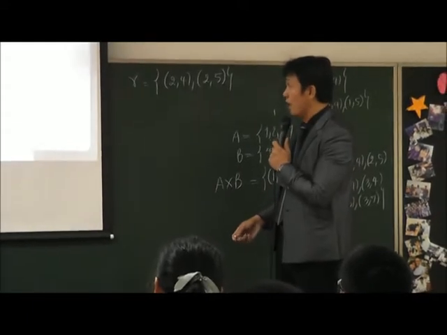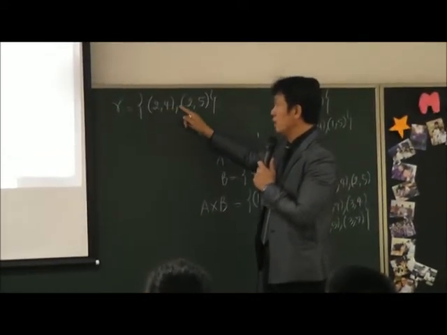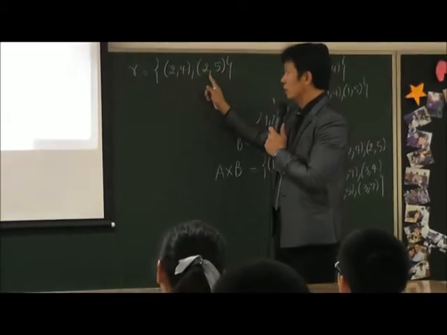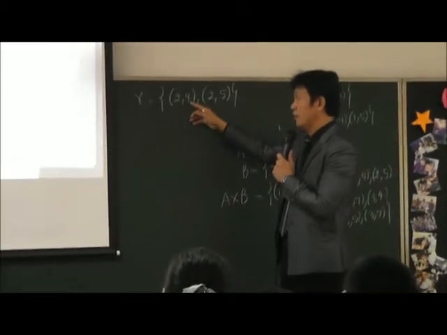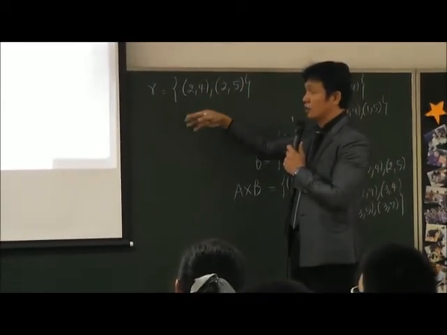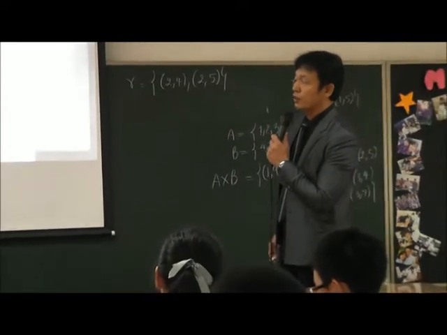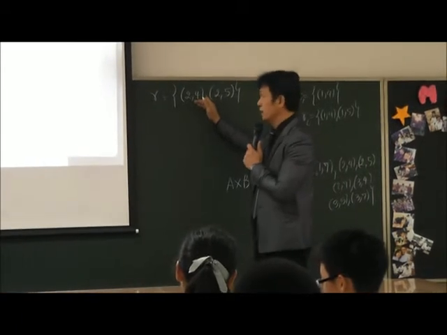Not a function. Why? Because the first elements are equal, but the second elements are different. It conflicts with the definition of function. So this is a relation, but it's not a function.